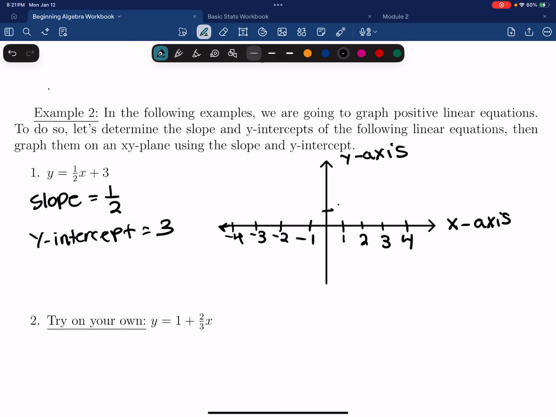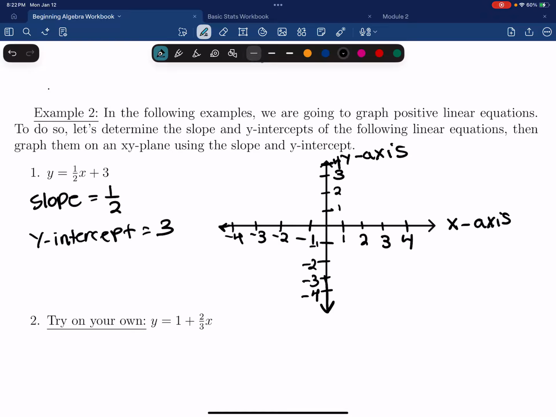We're going to go up 1, 2, 3. We're going to go up a little bit more. Well, I guess we can't. So I'm going to put 4 there. And then I'm going to bring this line down a little bit more. -1, -2, -3, and -4.